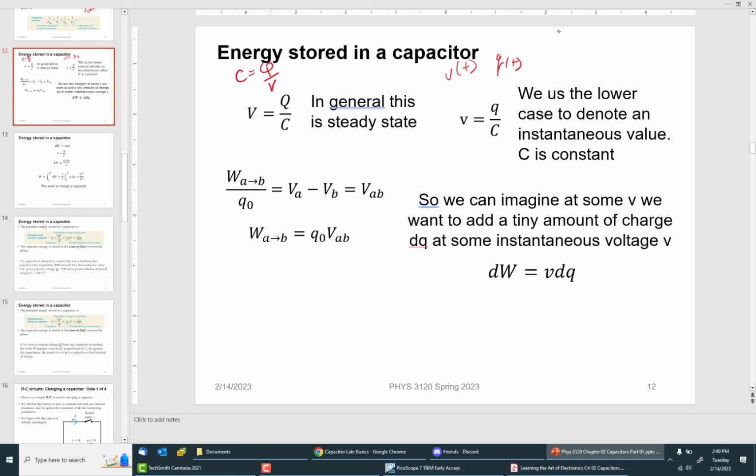So notice now we have a little v and a little q, and the implication is that they're time dependent. Whenever you do derivations, especially these engineering type derivations, you just don't want to constantly write q of t or v of t. So we say that at any instant in time, whatever voltage there might be, there's going to be some Q that's less than the big Q, and the relationship between them is determined by the capacitance.